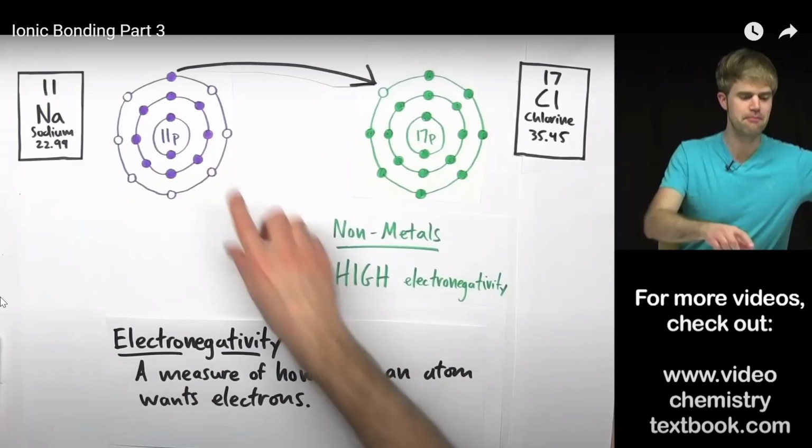How many inner electrons do we have pushing away the electrons on the outer ring? Again, we have 8 in shell number 2, and we have 2 on shell number 1. So it's again 10 electrons pushing.